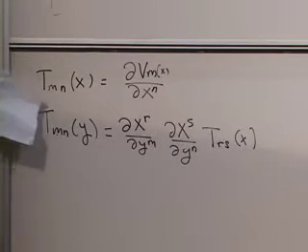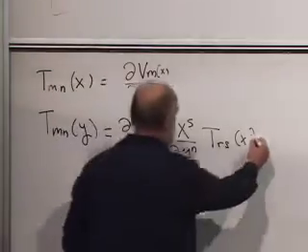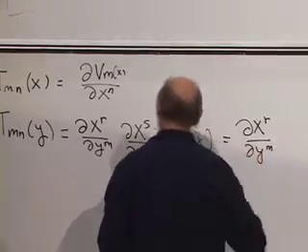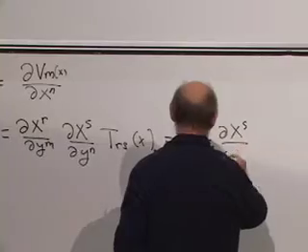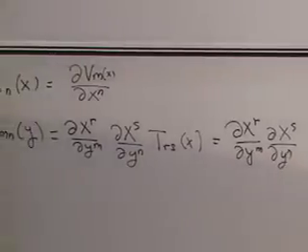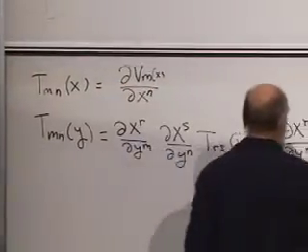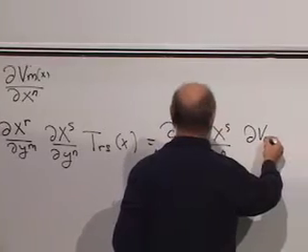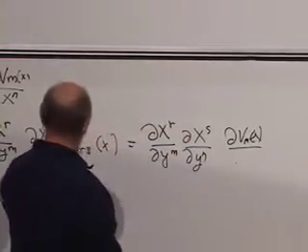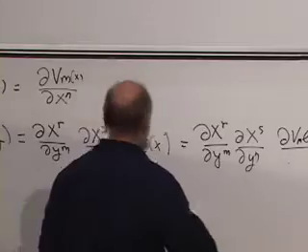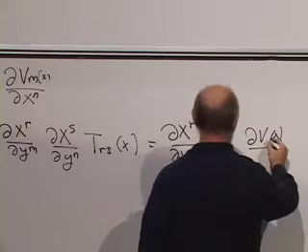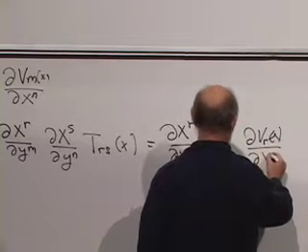But now we can substitute what it is in the x-coordinates here, and that would just give us the derivative of xr with respect to ym, derivative of xs with respect to yn, and now I'm just going to plug in the assumed value of Trs of x, and that's dV r by dxs.